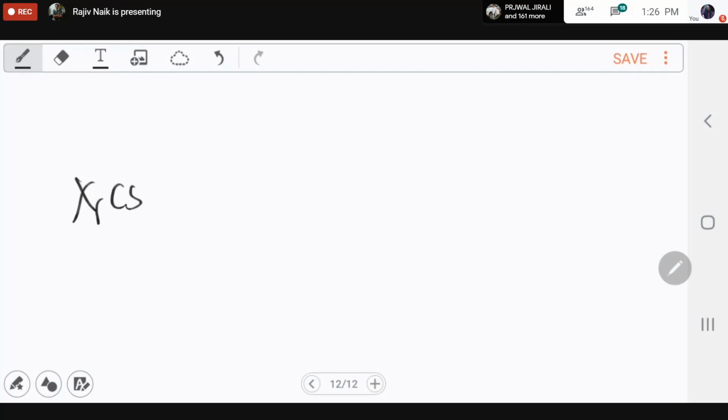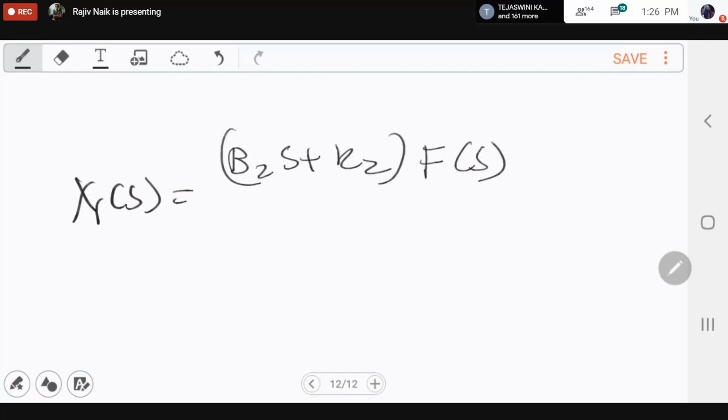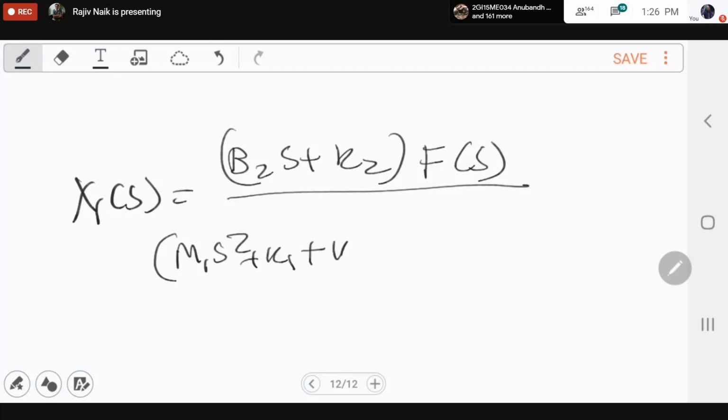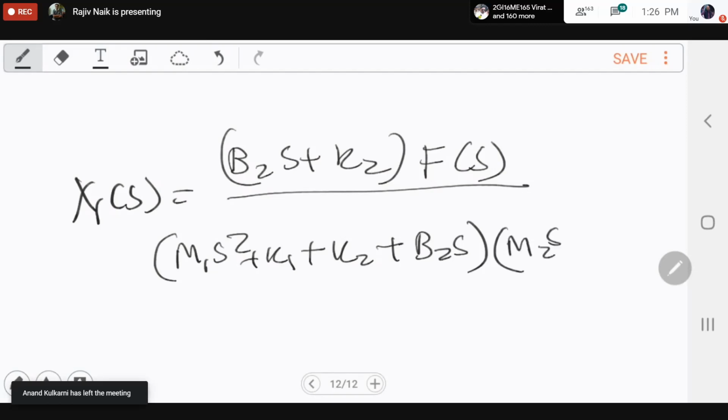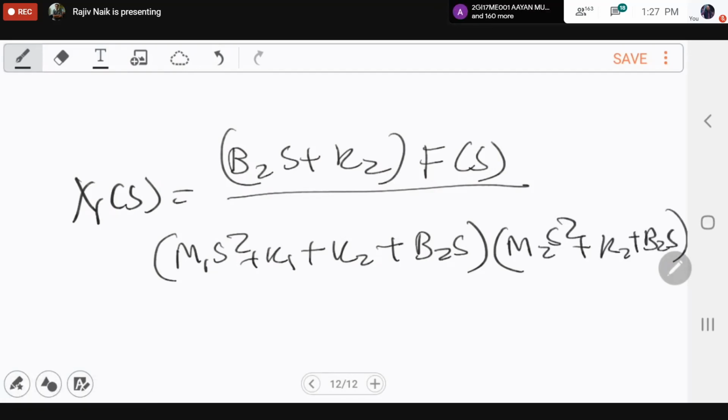So x1 of s is equal to, in the numerator you have b2s plus k2 into f of s, and in the denominator you have m1s square plus k1 plus k2 plus b2s, multiplied by m2s square plus k2 plus b2s, minus of minus plus once again minus b2s plus k2 whole square.